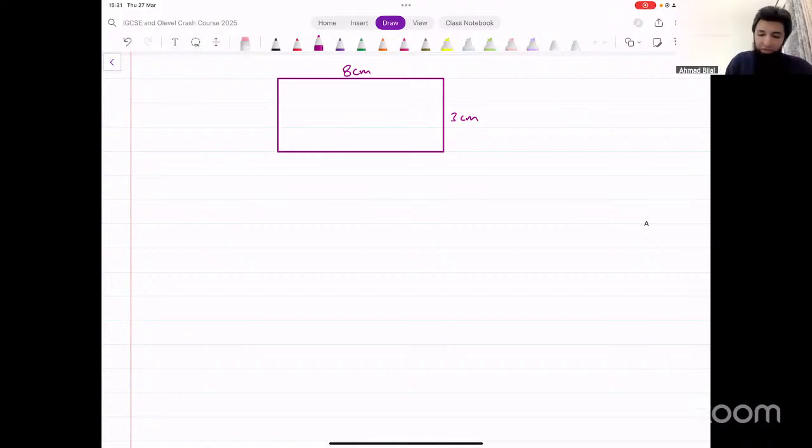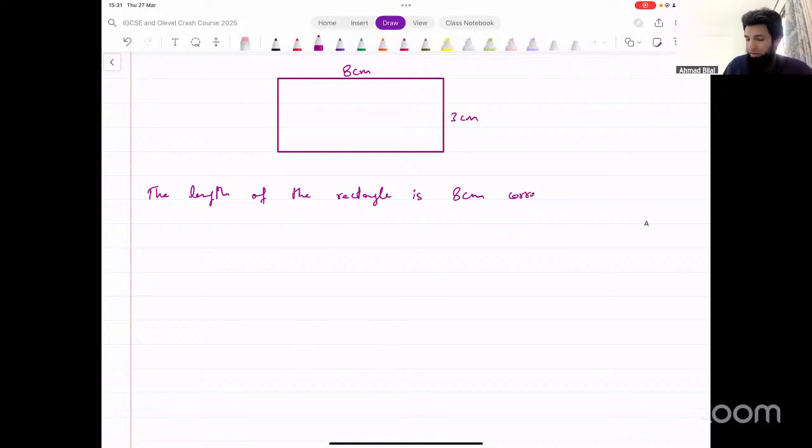So let me write that down here. So let's say we've got this rectangle. The length of the rectangle is 8 centimeters correct to the nearest centimeter.